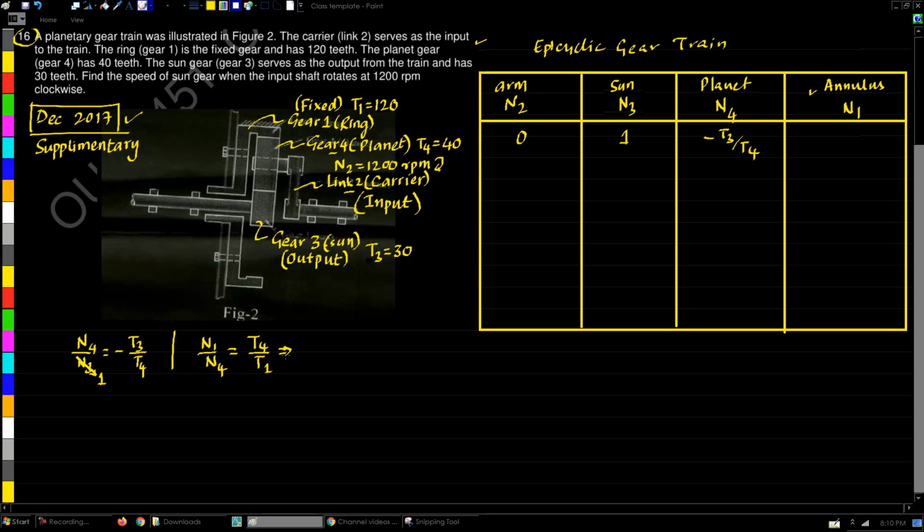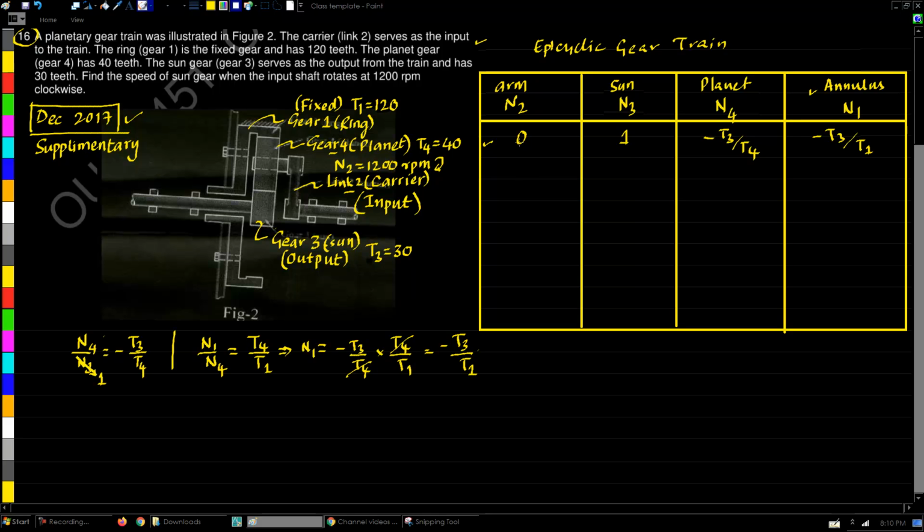So this implies that the speed N1 will be equal to N4, which we can substitute from here, that is minus T3 by T4 multiplied with T4 by T1. Now we see that T4 is getting cancelled and we are left with T3 upon T1. So this is the number of rotations turned by N1. This completes our first step.